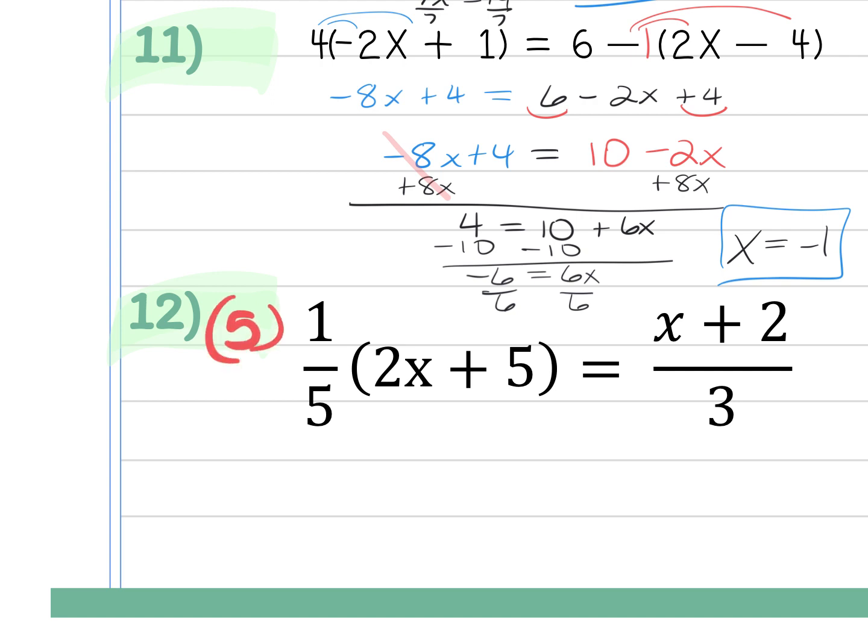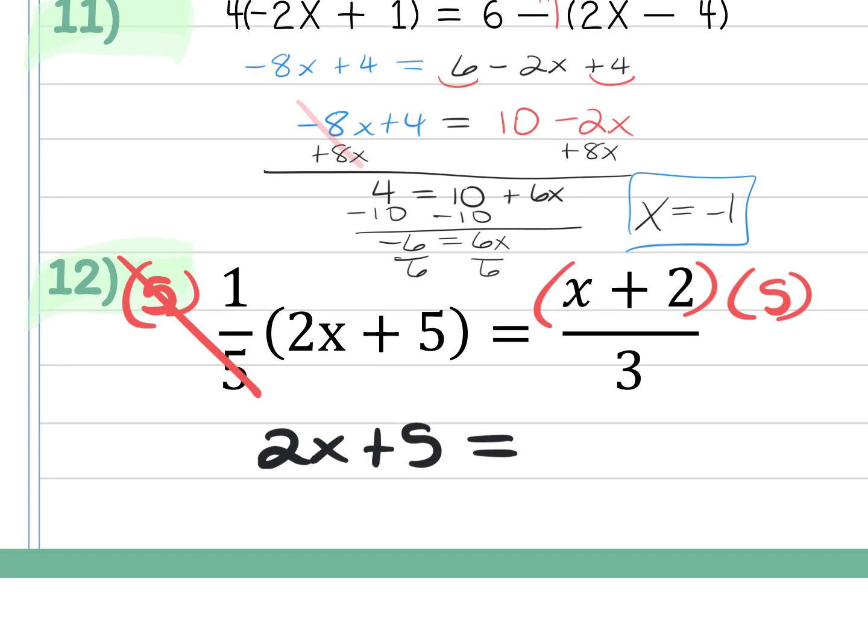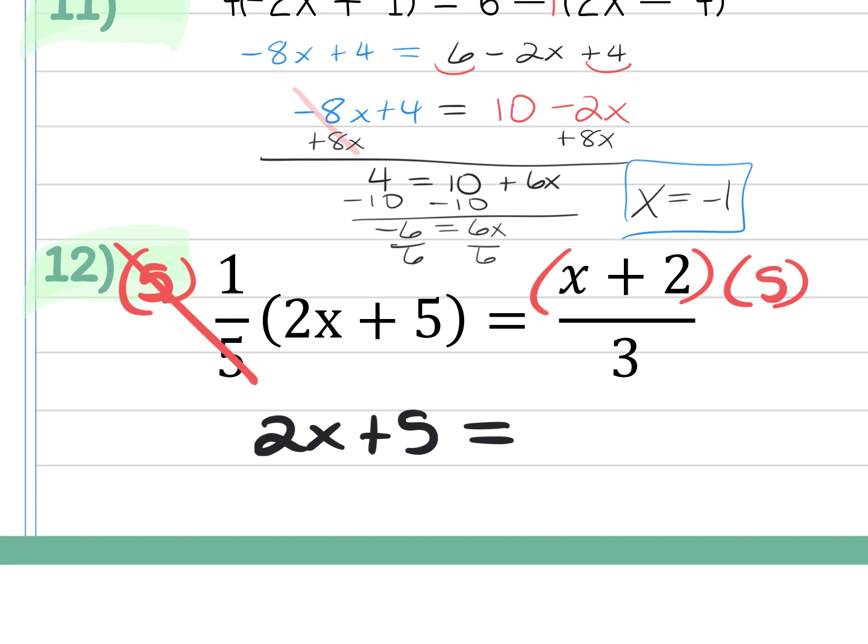So if I multiply this by 5 and this by 5, it cancels the fraction, and now I'm left with 2x plus 5 on the left side. I actually have to distribute the 5 to just the numerator, because really it's 5 over 1. So I'll multiply it to the x and to the 2.